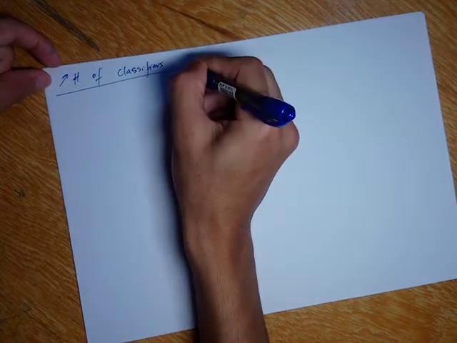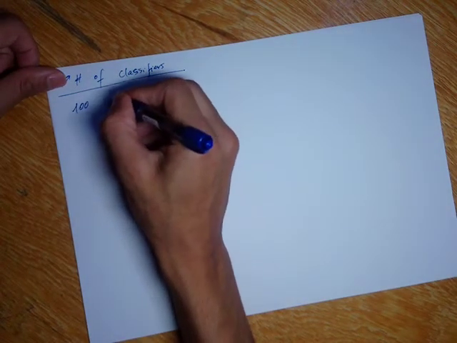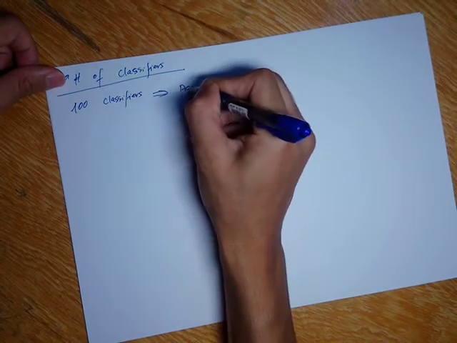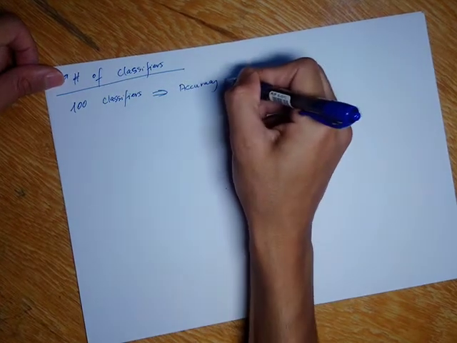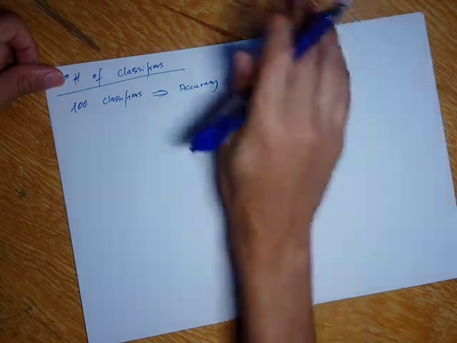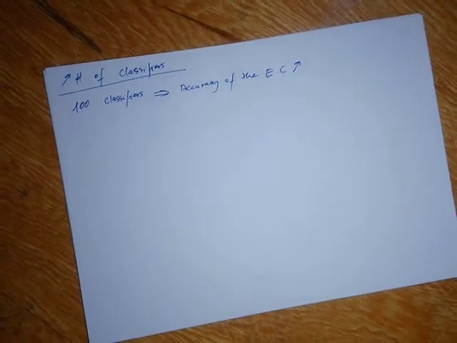That is, instead of taking only 3 classifiers, I could take, for example, 100 classifiers, and this would imply that the accuracy of the ensemble classifier would increase. Now, intuitively we can understand that this would be the case, but why? How can we prove that mathematically, or what is the reason that when we increase the number of classifiers, the accuracy of the ensemble classifier increases?